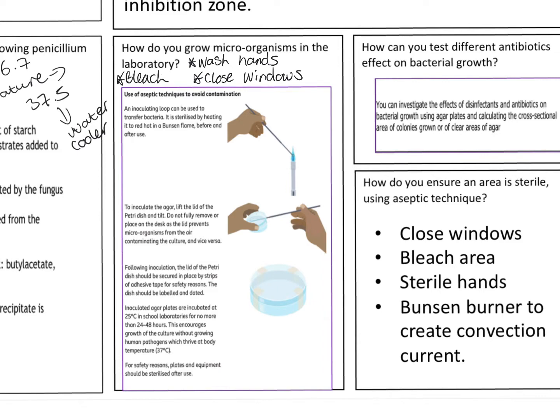Then if you're going to grow bacteria on an agar plate, the agar is just basically nutrients for your bacteria to grow. So agar is normally pre-prepared for you. Say you're going to grow certain bacteria, you'd sterilise the inoculating loop in a red hot flame before and after. That's to kill any other bacteria. Another thing you might have is a convection current to kill any bacteria.